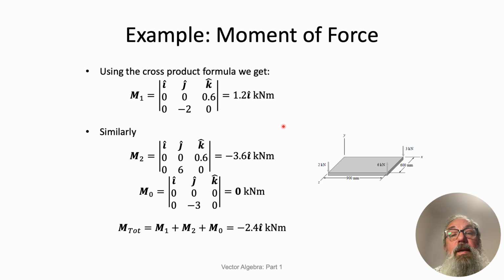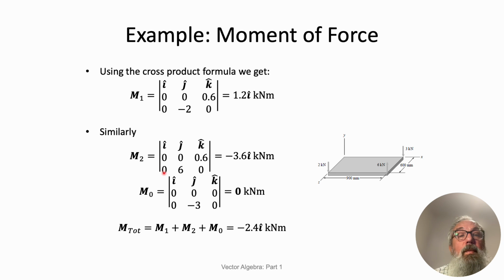We can do this calculation through vectors. So M1 would be 0, 0.6 crossed with 0, minus 2, 0, the position vector, and that comes out to be 1.2i.